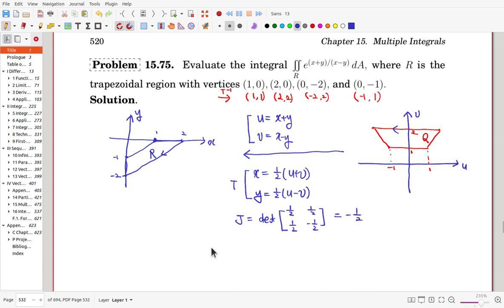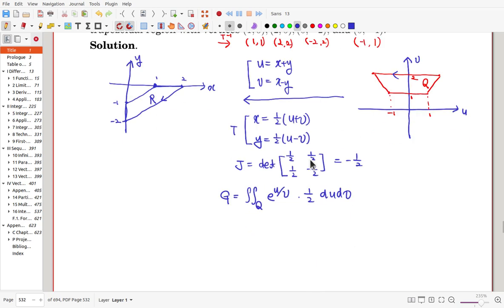So the given integral is now an integral over Q rather than R. Now e to the x plus y over x minus y becomes e to the u over v, and the scaling factor is half, with du dv, right?